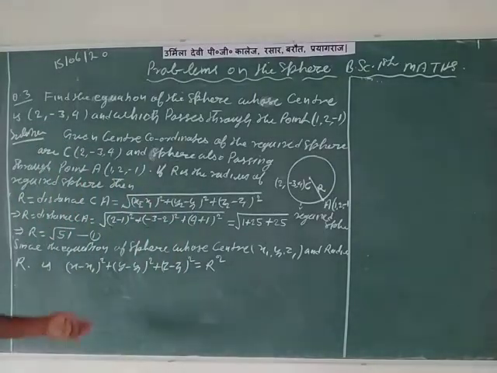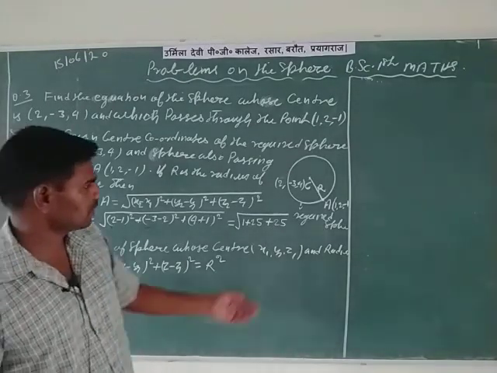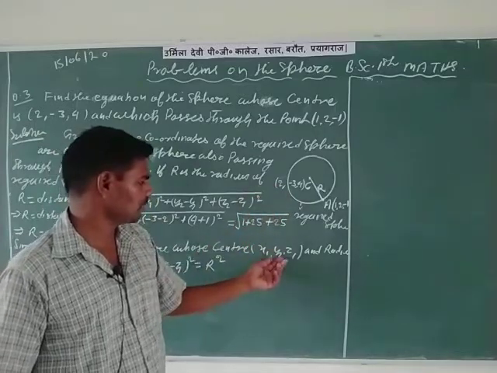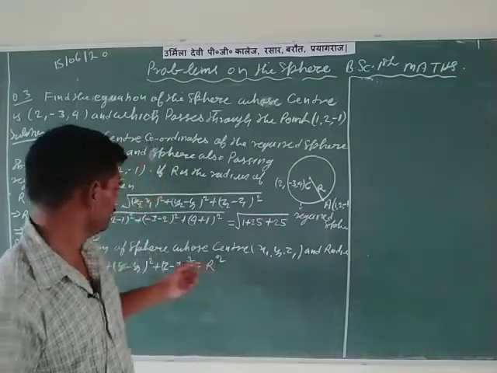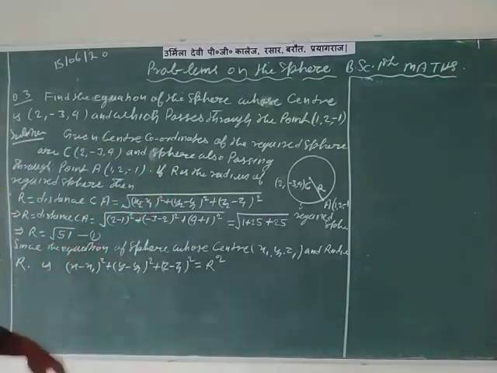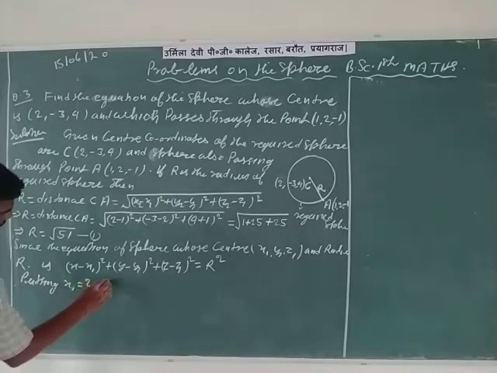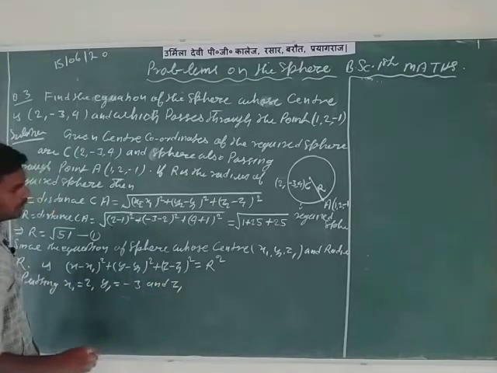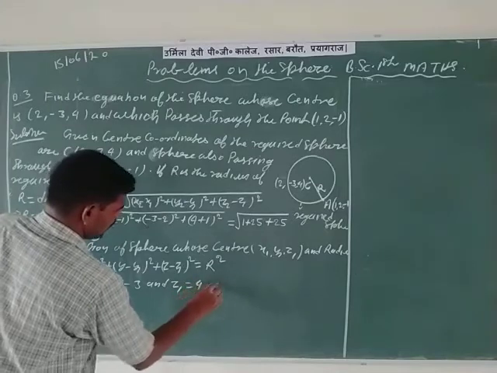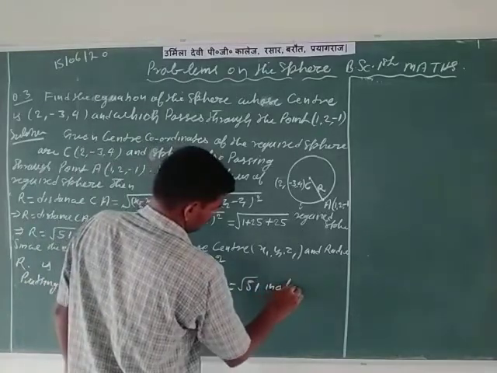In this equation, putting the coordinates of the center C, x1 is equal to 2, y1 is equal to -3 and z1 is equal to 4, and R is equal to the square root of 51 by the first equation.